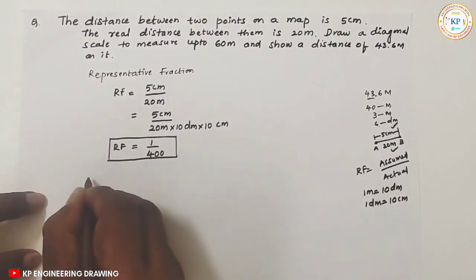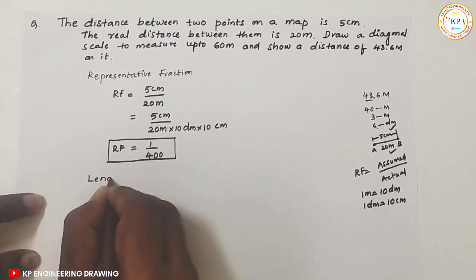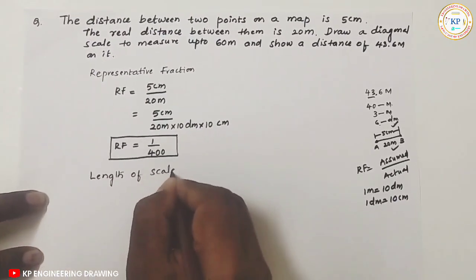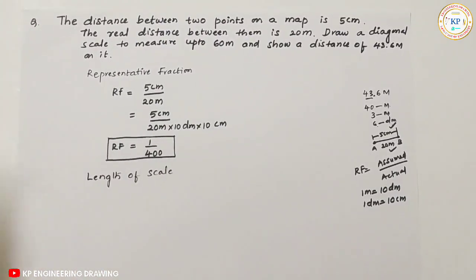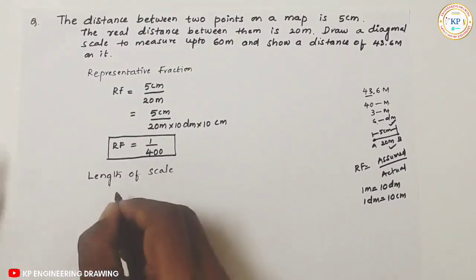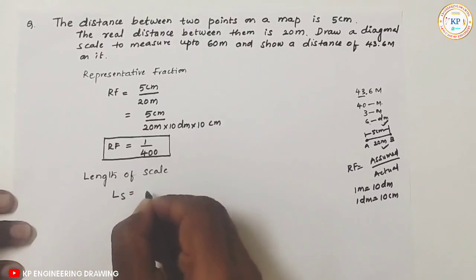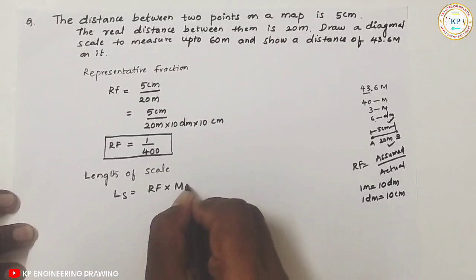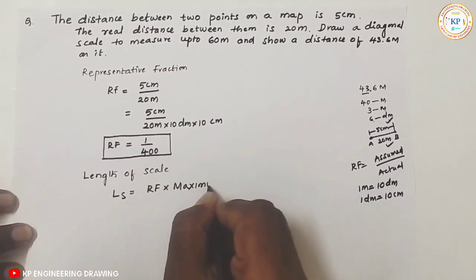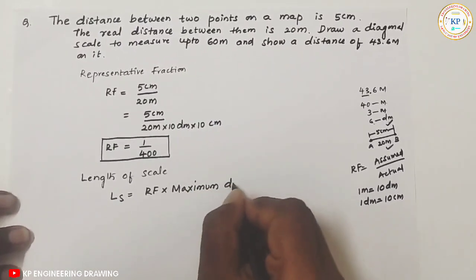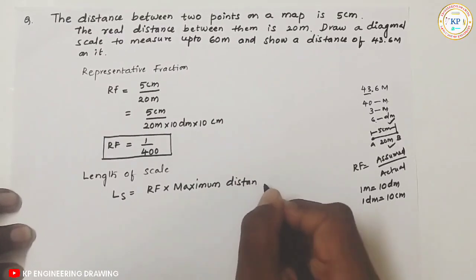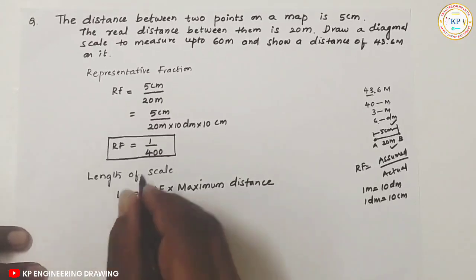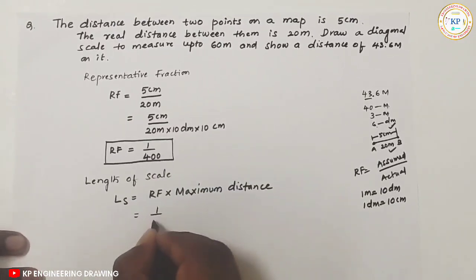Next we need to calculate the length of scale, LS. We know the formula: LS is equal to RF into maximum distance, or maximum length. We have already calculated RF, that is 1 by 400.